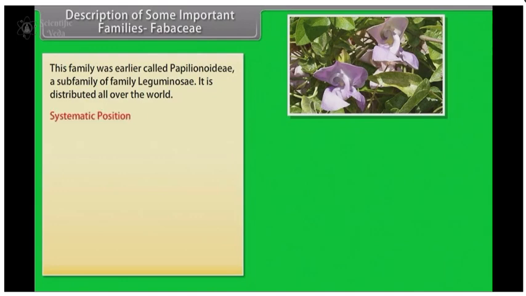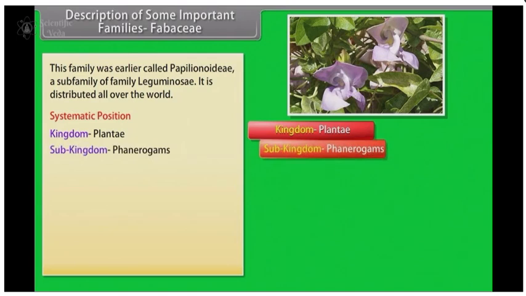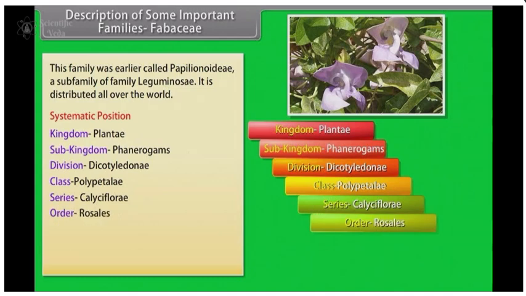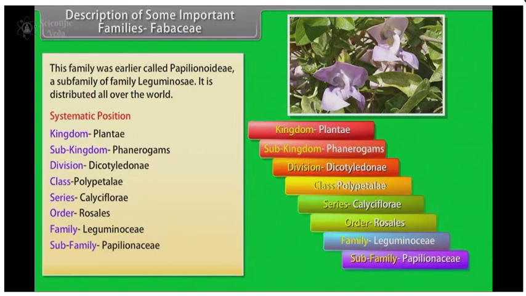Systematic position: Kingdom Plantae, Subkingdom Phanerogams, Division Dicotyledoneae, Class Polypetalae, Series Calyciflorae, Order Rosales, Family Leguminosae, Subfamily Papilionatae, Family Fabaceae.